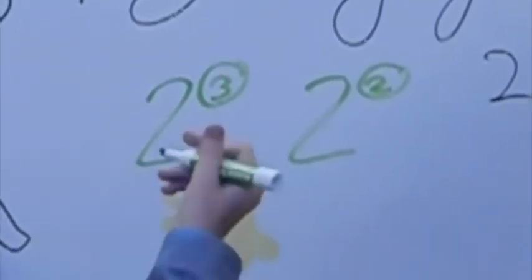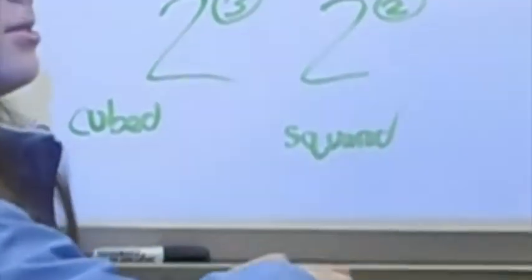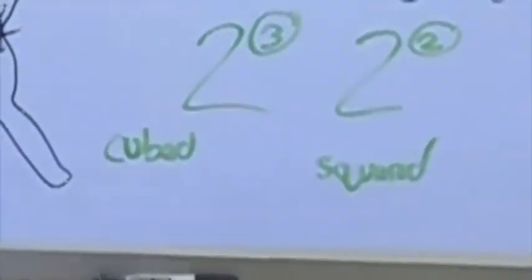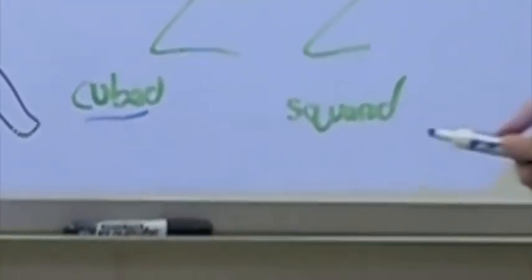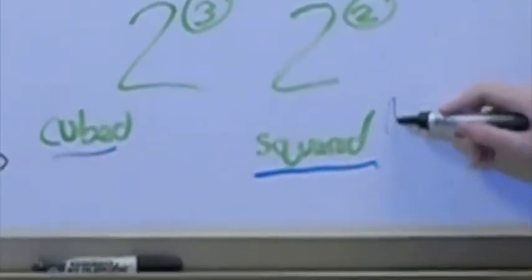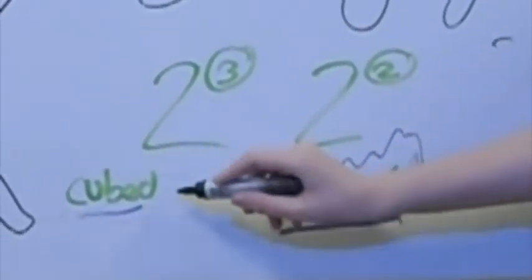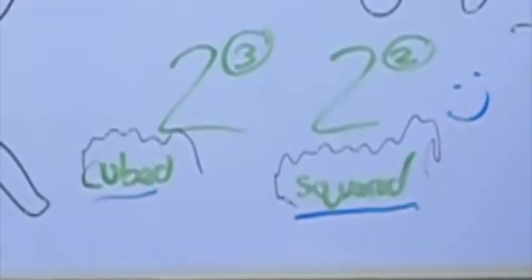So that is the special name. So 2 to the 3rd power is cubed, and 2 to the 2nd power is squared. That's our powers and exponents.